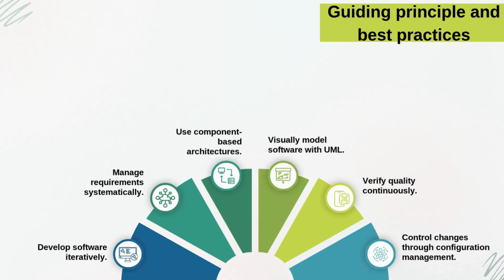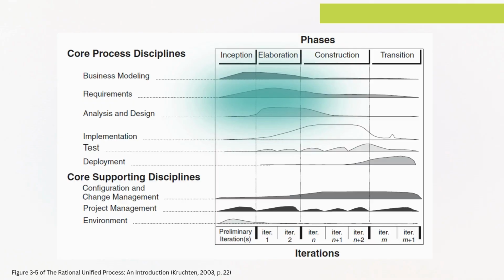RUP also integrates the main best practices in software engineering defined by Booch and others: develop software iteratively, manage requirements systematically, use component-based architectures, visually model software with UML, verify quality continuously, and control changes through configuration management.